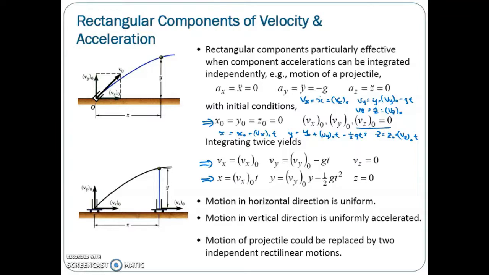So from these equations, we can see that the projectile remains in the xy plane. Its motion in the horizontal direction is uniform, and you have a constant velocity.